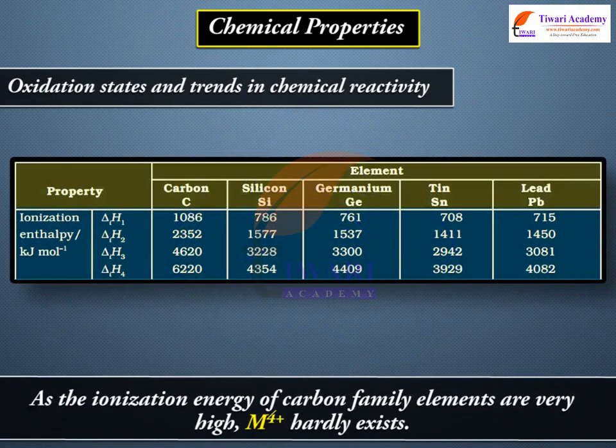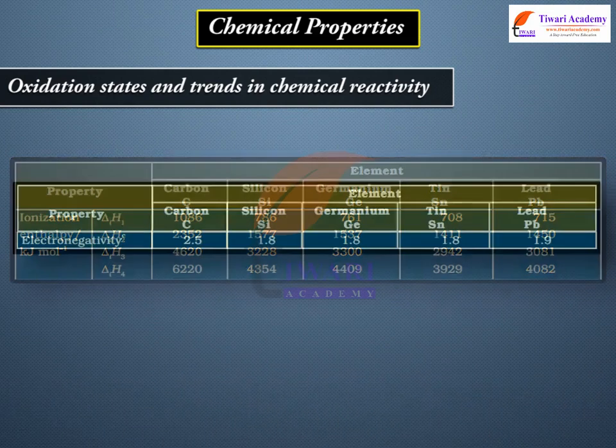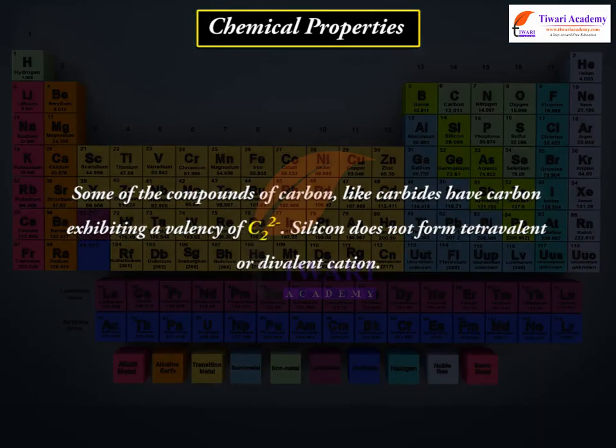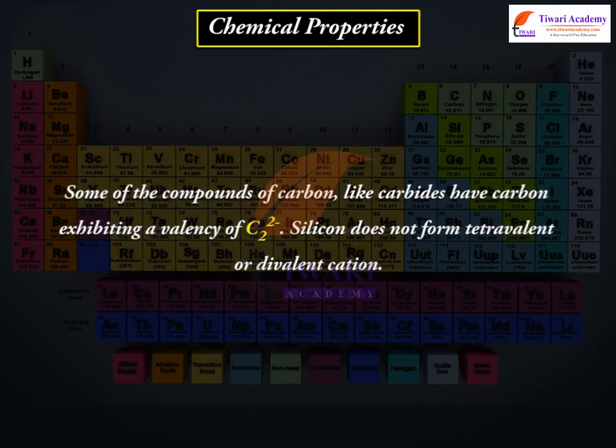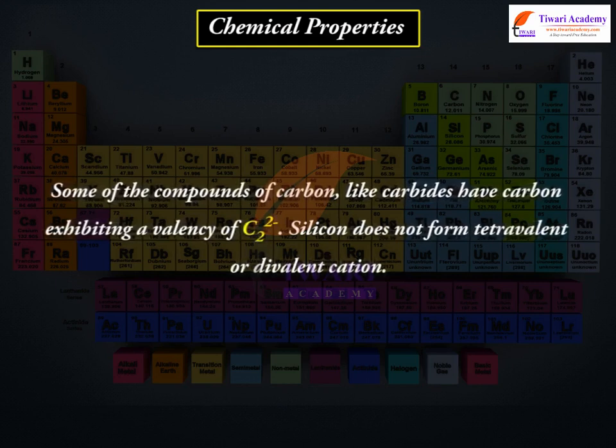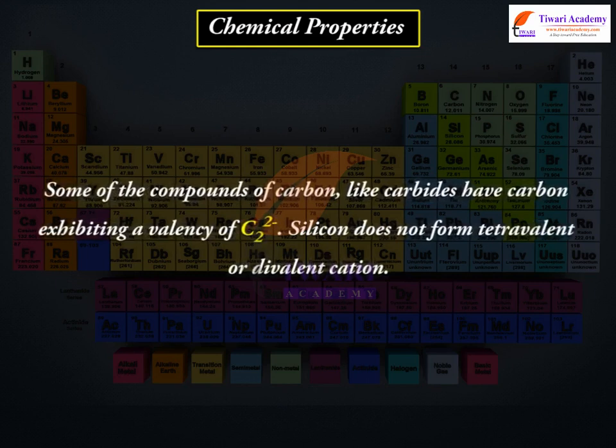As the ionization energy of carbon family elements is very high, M4+ hardly exists. On account of their low electronegativity, M4- also does not exist. Some of the compounds of carbon, like carbides, have carbon exhibiting a valency of C2 2-.